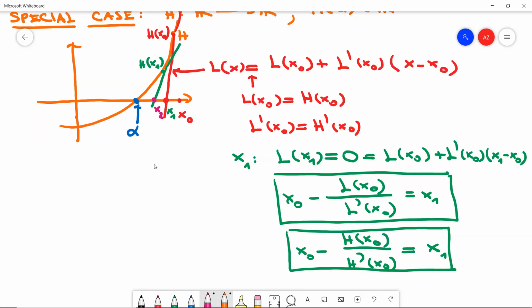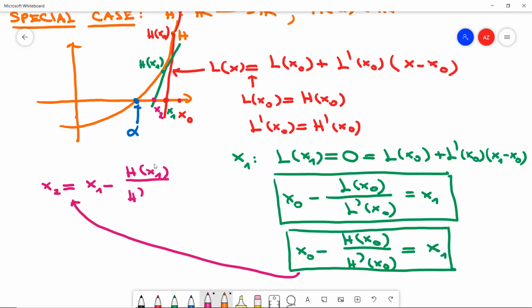And if I do all the same calculations, I get that x2 is equal to, using this last expression and plugging in x1 instead of x naught, x1 minus h of x1 over h prime of x1.